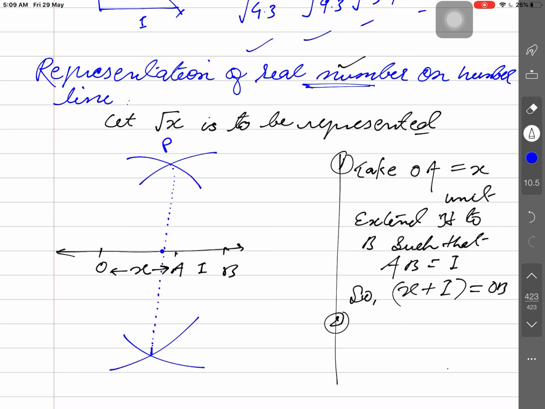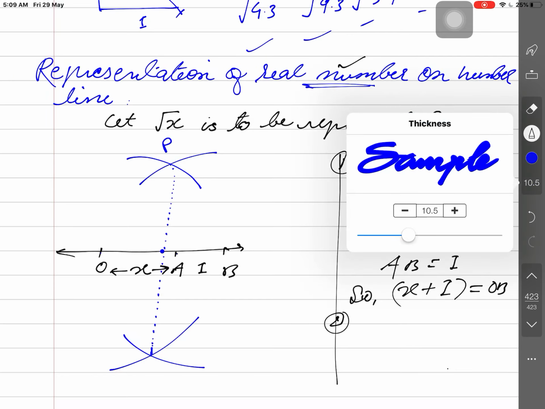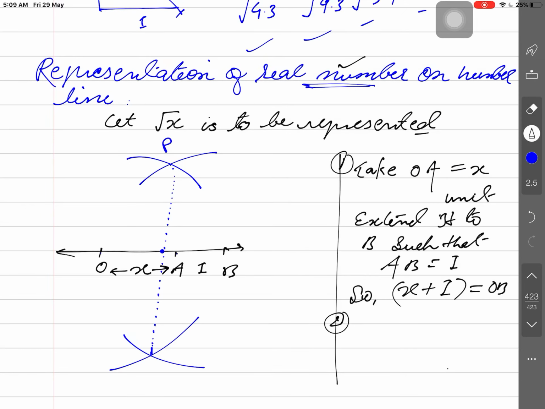So what you will do at this middle point: as center, this middle point. Look, suppose this center is called C. Now, as center C, we will construct an arc, a semicircle.